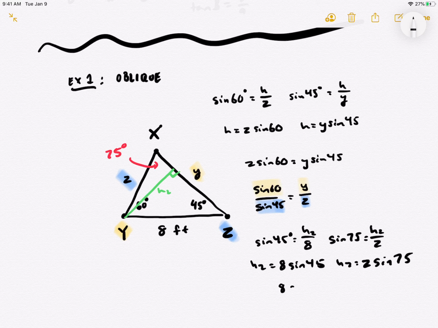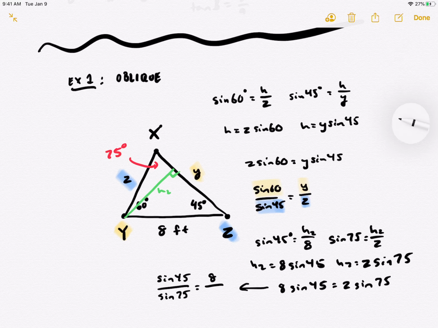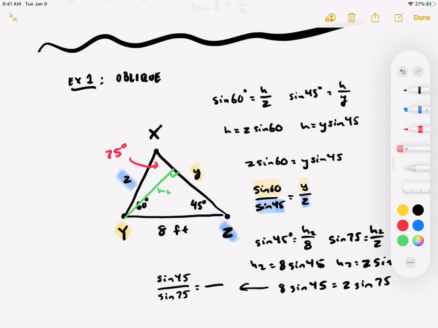So that means 8 sine 45 is equal to z sine 75, and now I've got the exact same proportionality that I had before. Sine of 45 divided by sine of 75, which is the ratio of the sines of the two angles, is equal to z over 8. I got that backwards there. Z over 8. And that's enough information to solve for z.